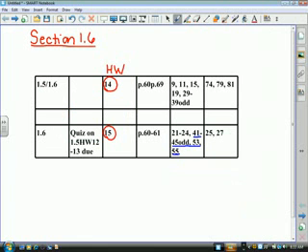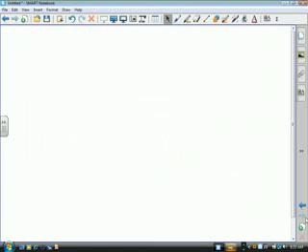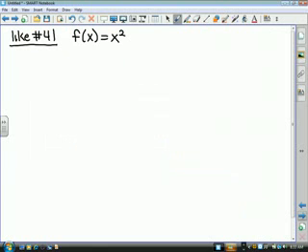So I'm just going to go right to it, and let's make sure we can understand what's going on. All right, so what's going to happen is they're going to give you a function like x squared. And the question is, find f inverse of x if possible.